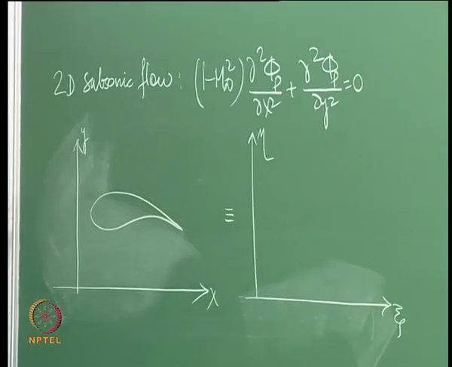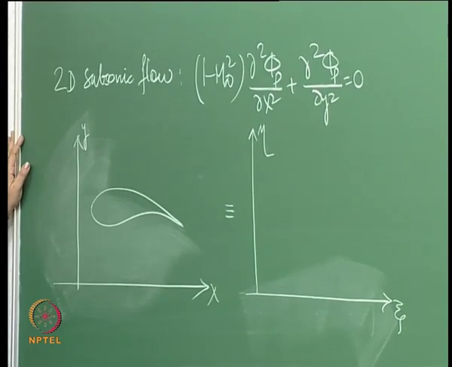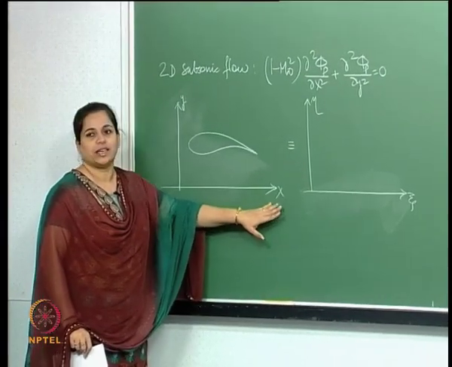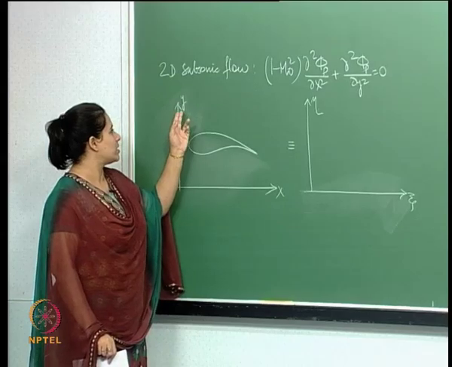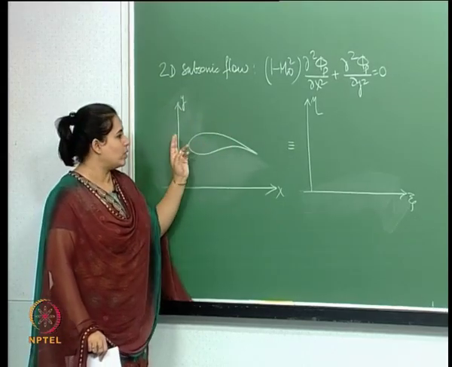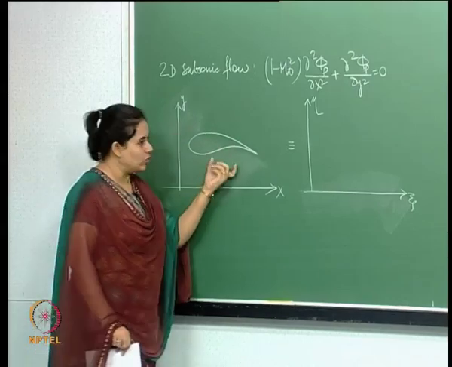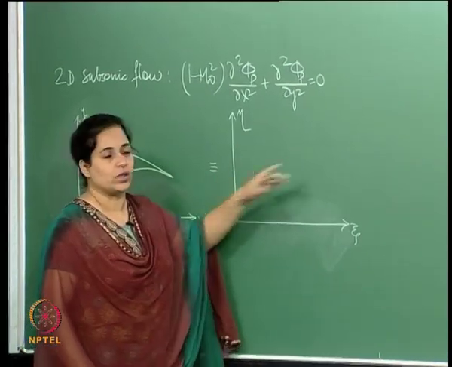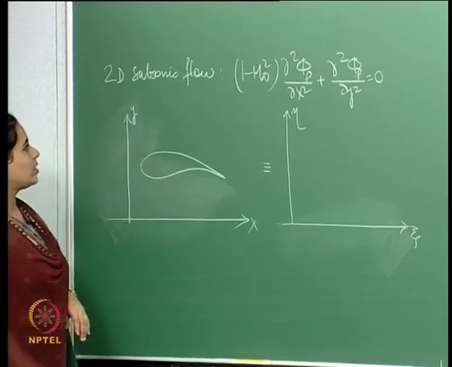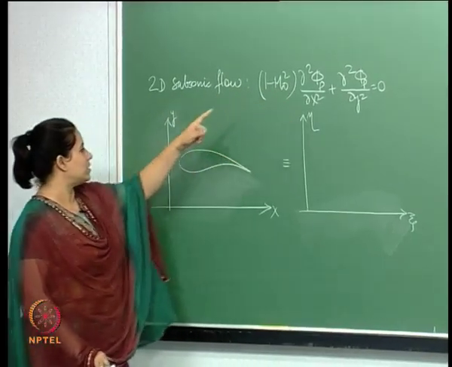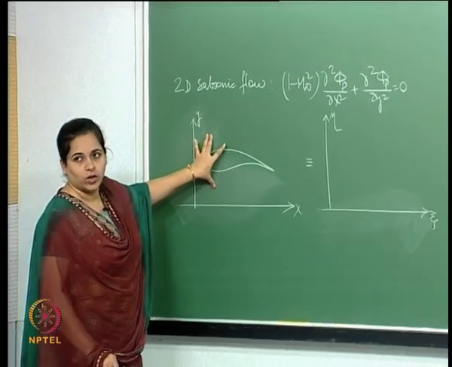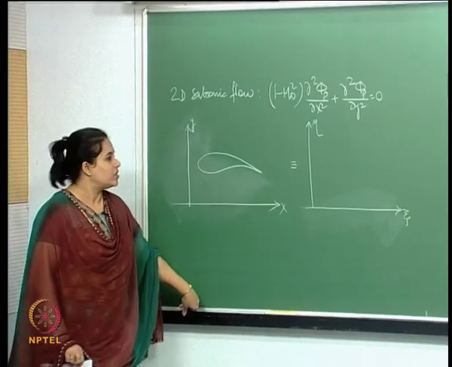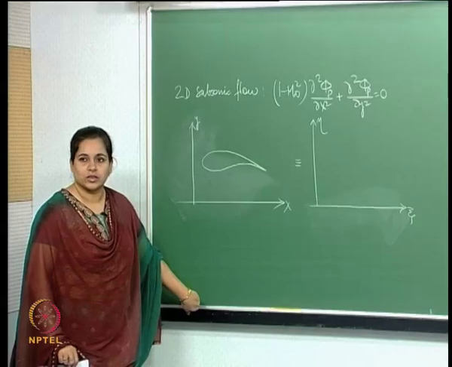If I change the coordinate system to something like this, there are two questions. What exactly is the transformation? What is the relation between x and z, and between y and eta? And what happens to this shape? How does this airfoil look in this coordinate system? And another question is, what happens to this equation? This is the governing equation in the x y coordinate system, and how does that change in this coordinate system? So these are some of the questions we'll try to answer.